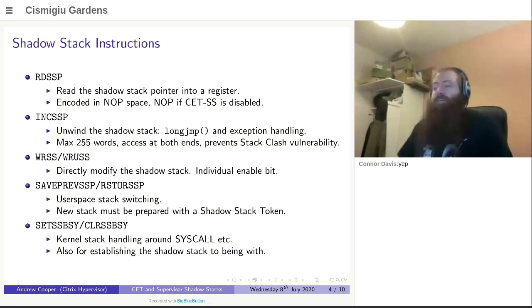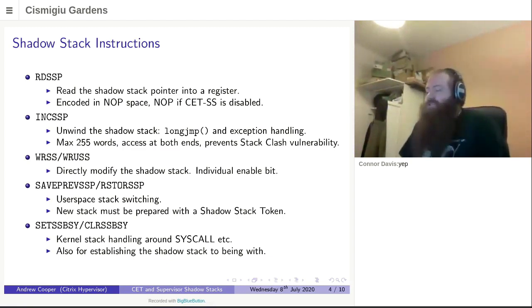Of course, the kernel, or Xen, the operating system, doesn't have any runtime support. So instead, what we have is the set and clear SSBUSY instructions, which are necessary for use around syscall, but also to do with setting up shadow stacks in the first place. Syscall is a weird instruction.